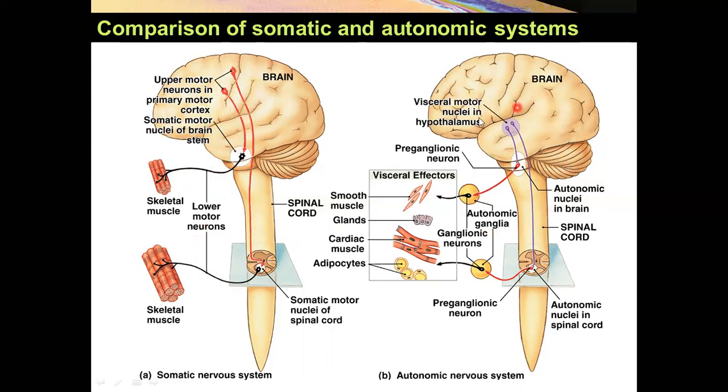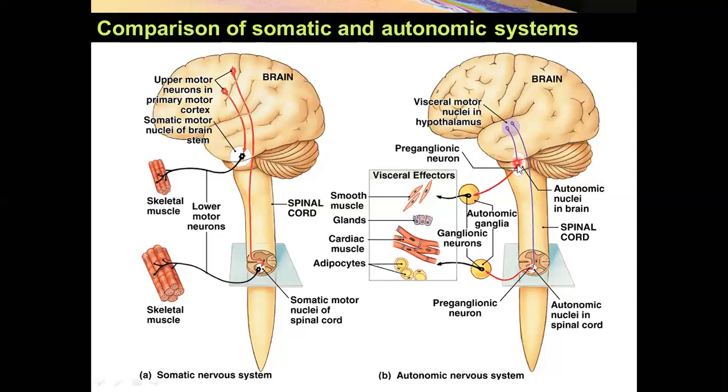For the autonomic nervous system, in the brain stem and throughout the spinal cord, there are autonomic centers. Those autonomic centers are stimulated by the hypothalamus. In other words, the hypothalamus controls the work of our autonomic nervous system through the connection between the hypothalamus and the autonomic centers inside the brain stem and mainly inside the lateral horn of the spinal cord.